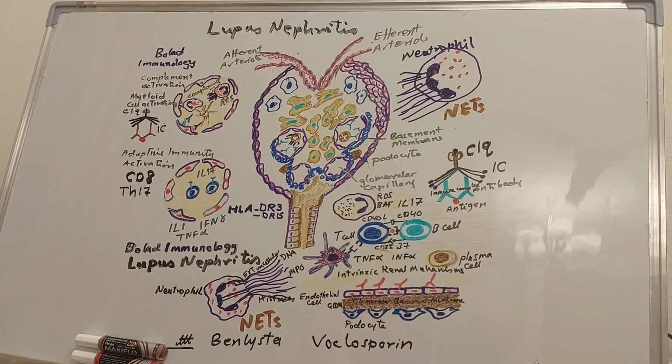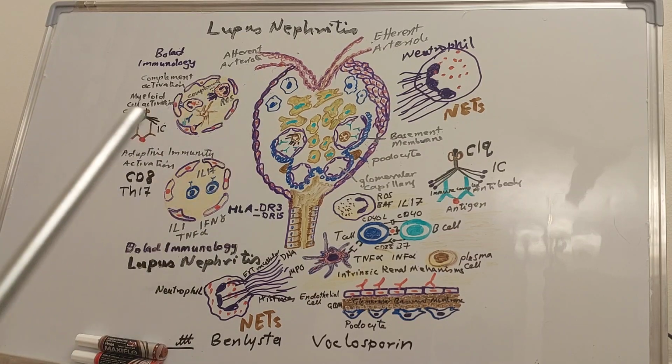Genetic predisposition is not enough to get the disease; it needs an environmental factor, for example infection. And it has been shown that several genes have been associated with lupus nephritis, for example HLA-DR3 and DR15.